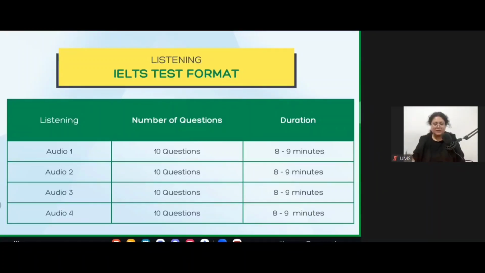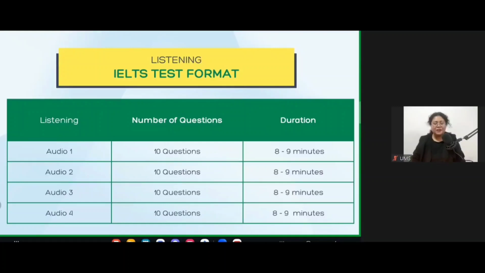And when it comes to the second audio, it's again some sort of speech, could be a presentation, could be directional, could have maps and all. But mostly the first 2 audios are more general. You have 10 questions from each audio.